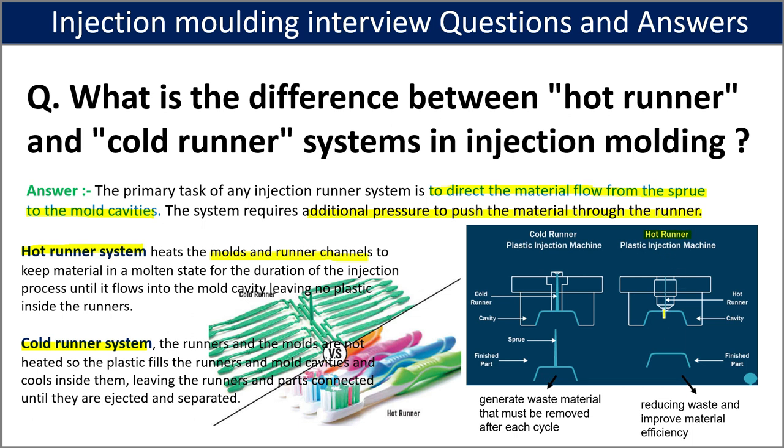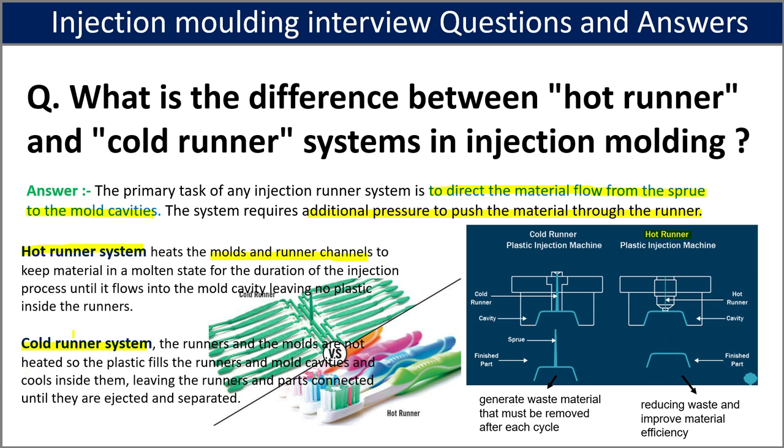This system keeps the mold and the runner both in the hot condition, and after the ejection of the final part, you can see that there is no plastic inside the runner. Because of that there is no wastage of plastic here.